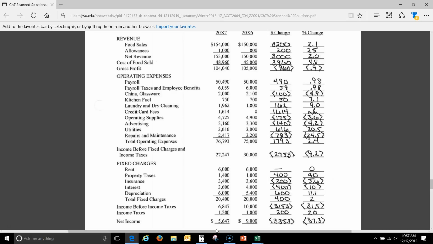If we look at China glassware, last year it was 2,100, this year it was 2,000. So we reduced the total dollar expense. It was reduced. So it shows as a negative. Then we take that $100 negative, divide by the $2,100 from last year, and we get a reduction of 4.8%.